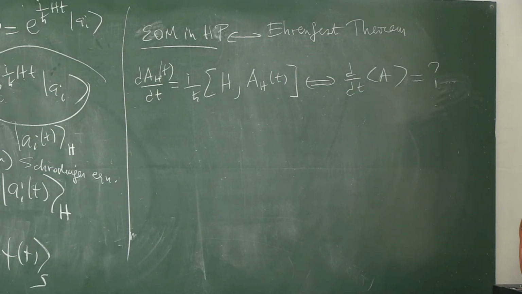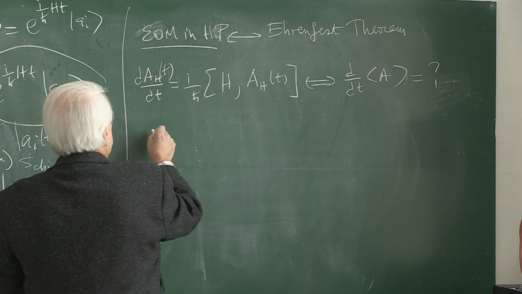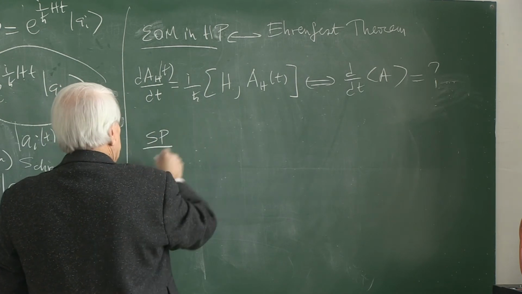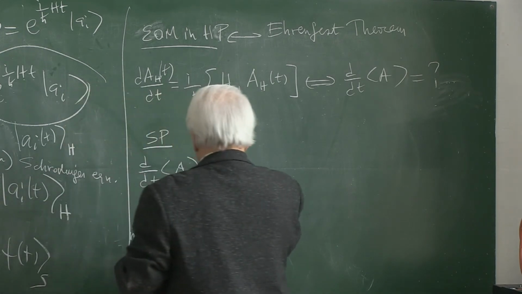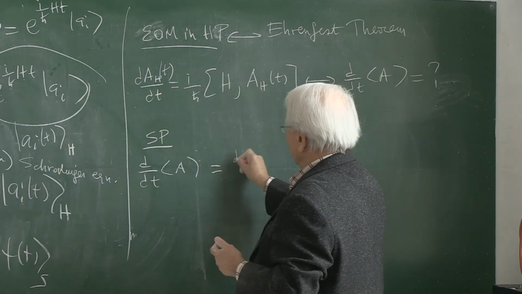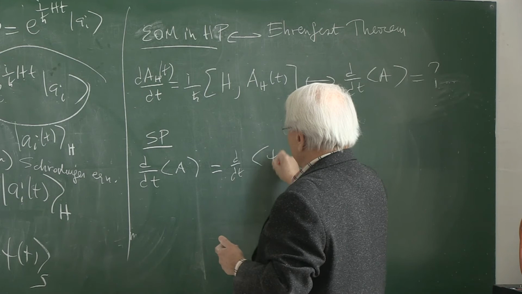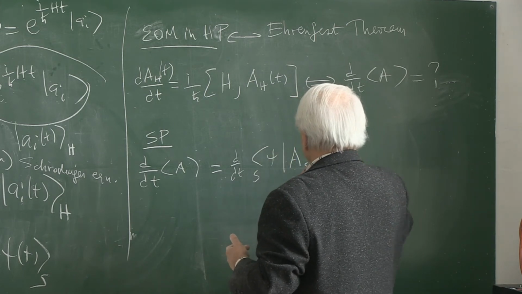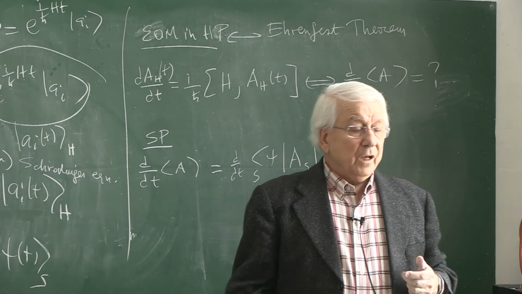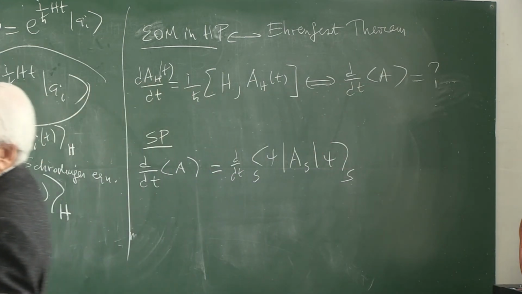Let's consider this in the two pictures that we have seen. What is it? For example, in the Schrödinger picture, what is the d by dt of the expectation value of A? It is d by dt of psi Schrödinger A Schrödinger psi Schrödinger, right? You take all these in that picture.